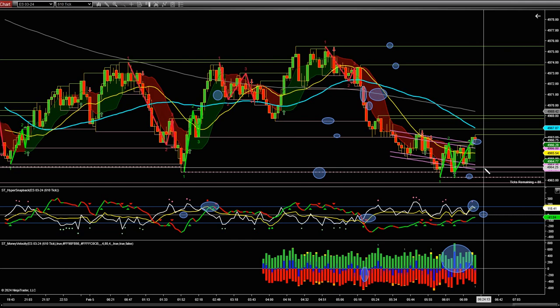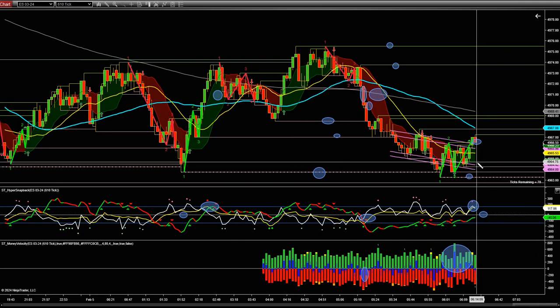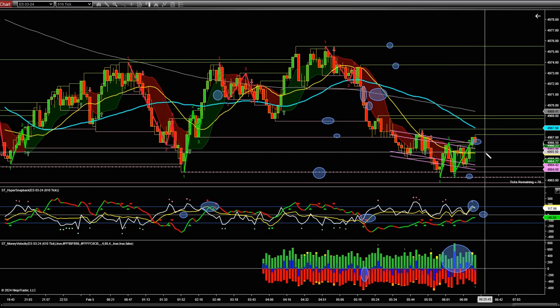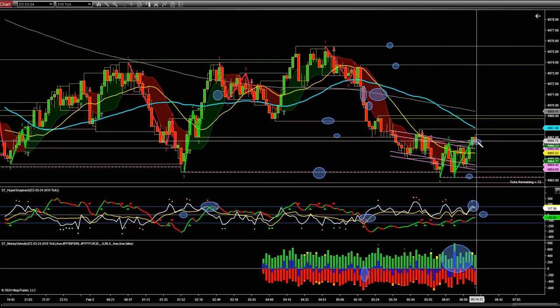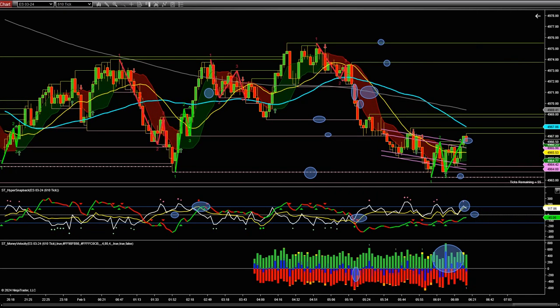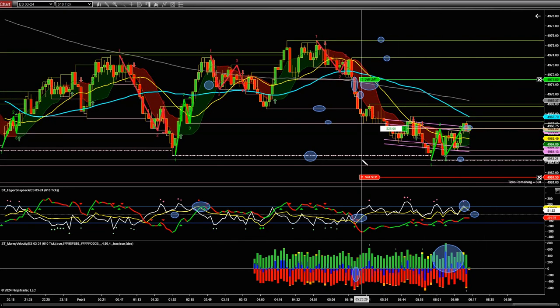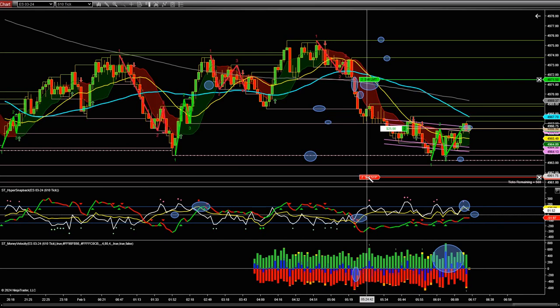Now I'm going to look to try to get into a trade. I kind of like this setup with the wave 3. I'll buy that right there. Let me move that up.